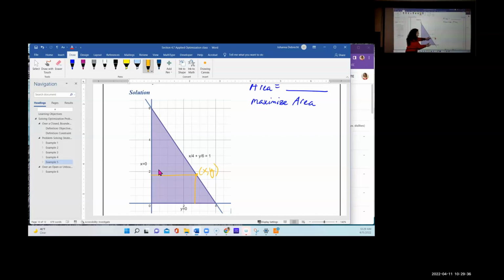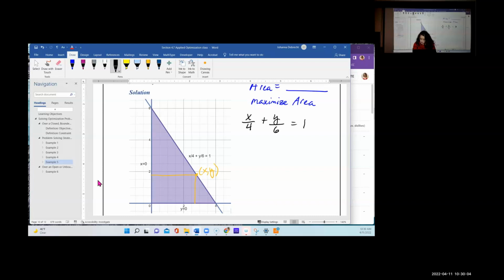And the height becomes the y value at that point, which is the y value on that slanted line. So I need to know more about that slanted line in order to know more about that particular equation. So when I'm looking at that, one of the things that I might want to do is go ahead and take that slanted line and write it in a better, more useful form.